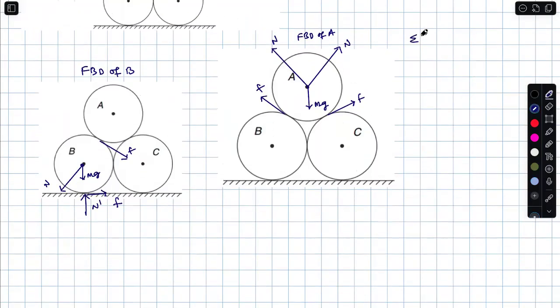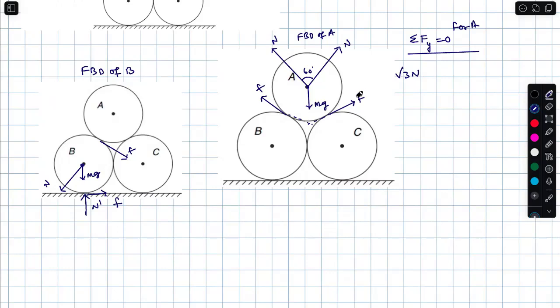Now we will write sigma F Y equals 0 for A, for the vertical equilibrium condition. Obviously, you know this angle will be 60 degrees. Root 3 N, you know, by the triangle of vectors. If two vectors make an angle 60 degrees, the resultant upwards is root 3 N. And these frictions also, how much angle do they make with each other? 120, correct.